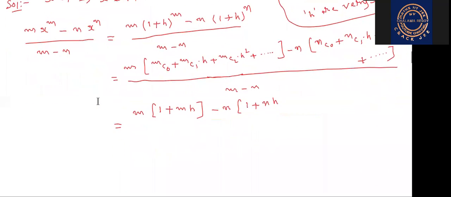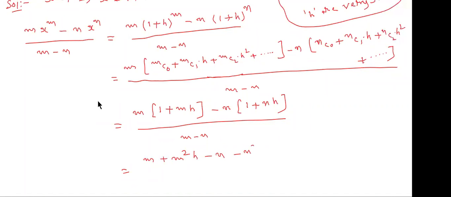Okay. Now divided by m minus n. Numerator, see students, what happened? m plus m square h minus n minus n square h, divided by m minus n. Okay. So here m minus n, those terms write at one place.